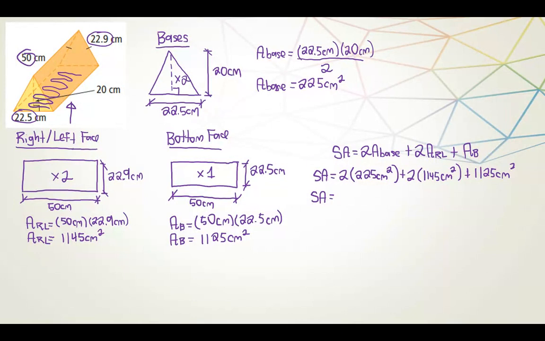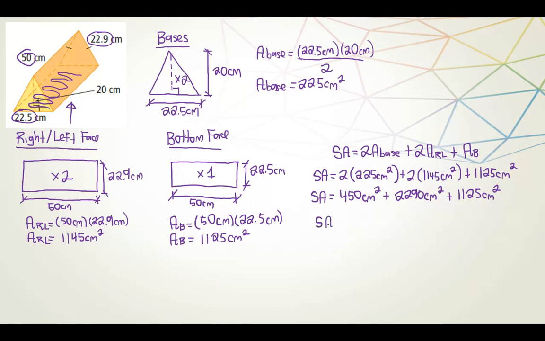So 2 times 225 would be 450. 2 times 1145 would be 2,290, plus the area of the bottom, 1125 square centimeters.